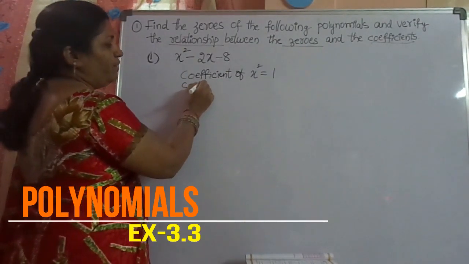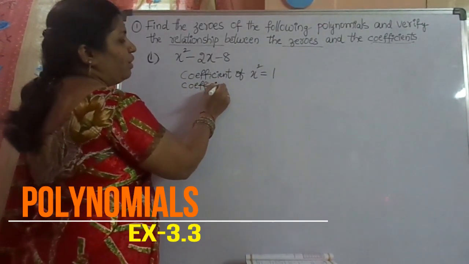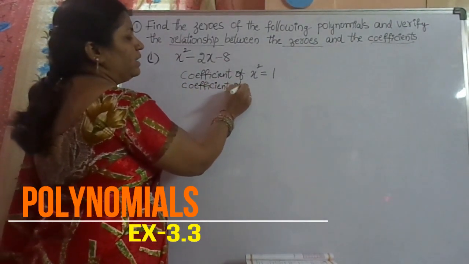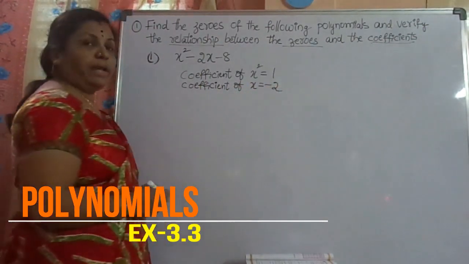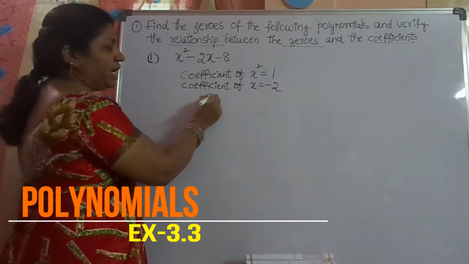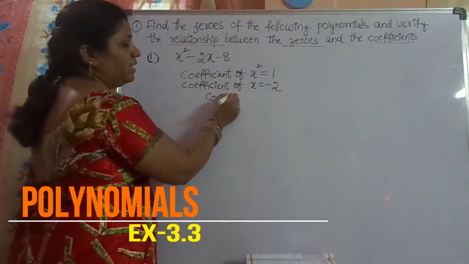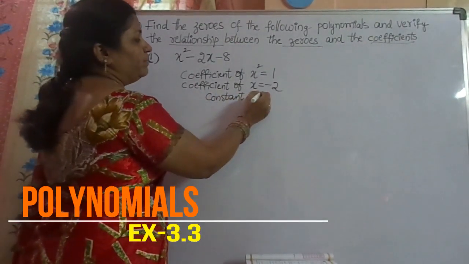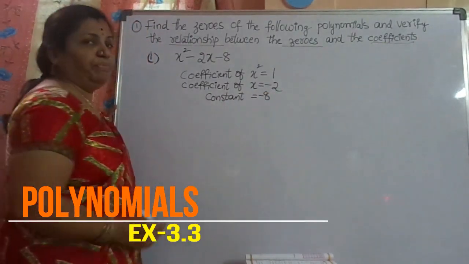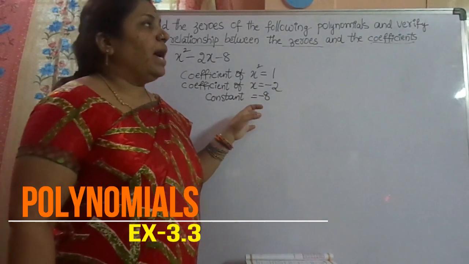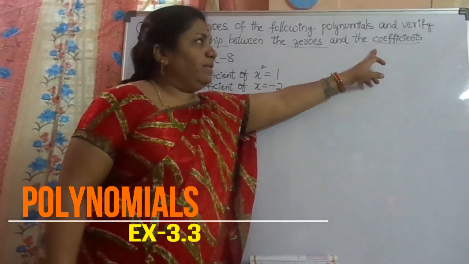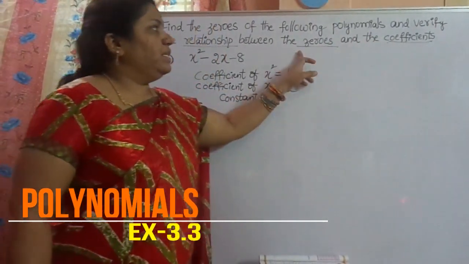Next, the coefficient of x, that value is minus 2. And also write down the last term, which is nothing but the constant, that is minus 8. We got the coefficients of x square, x and the constant term. This is finished.